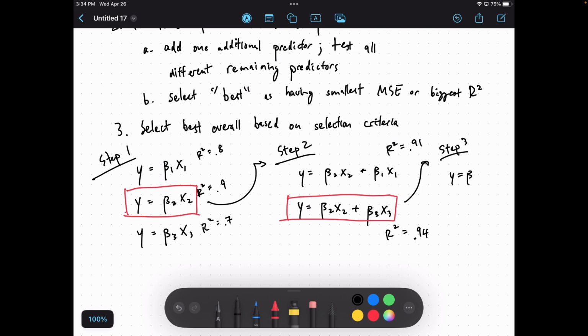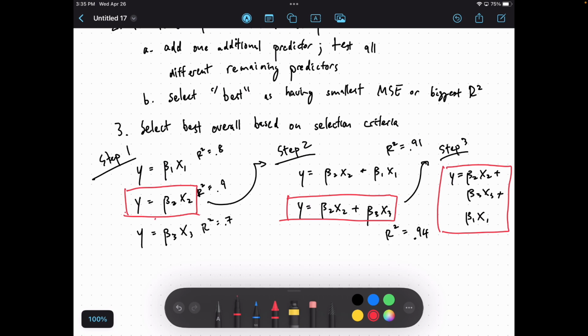I'm going to start with beta 2 x2 and beta 3 x3. And in this case, I've only got one variable left, so it'll be here, and that will be my final choice.